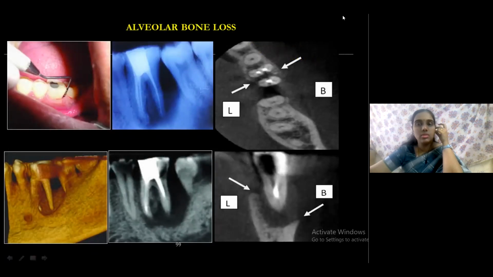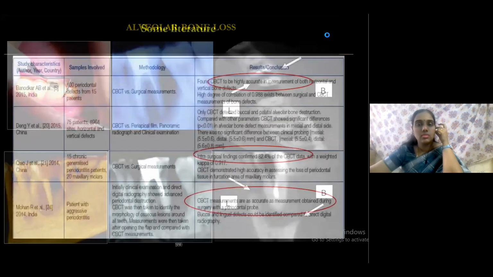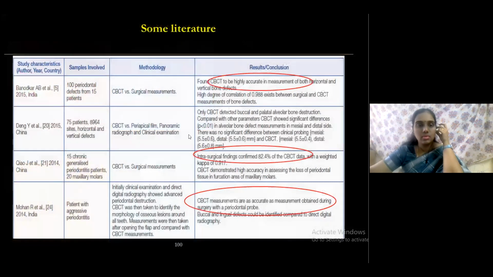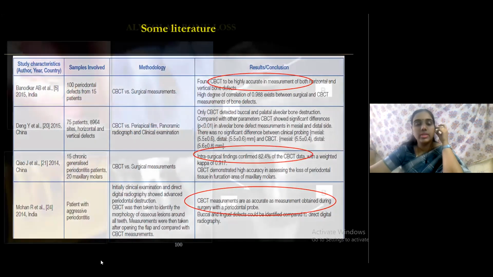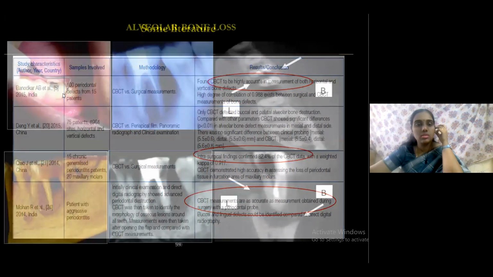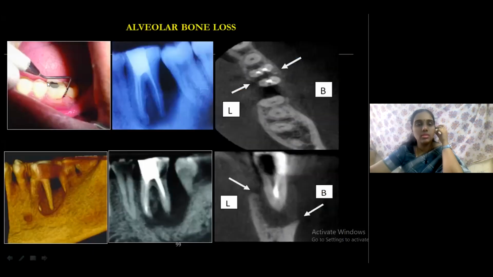Yes, of course. Studies have shown this. In this same case, there is a root canal treated tooth which is filled, and there is a pocket depth. This is an intraoral periapical radiograph, which shows a huge amount of bone loss.